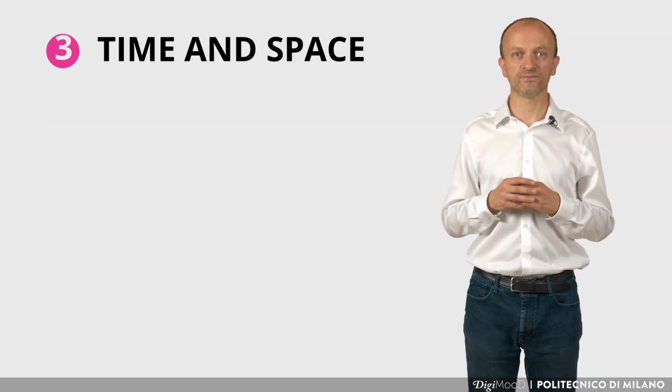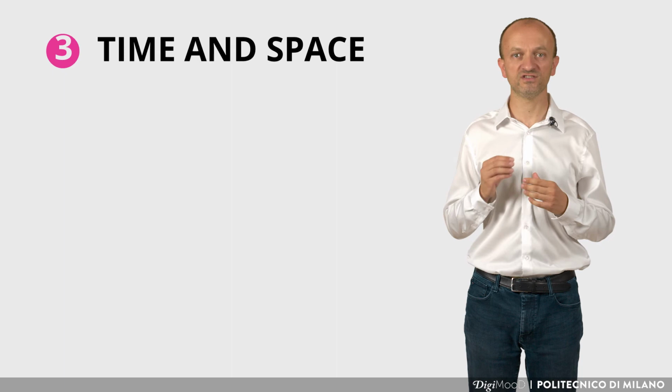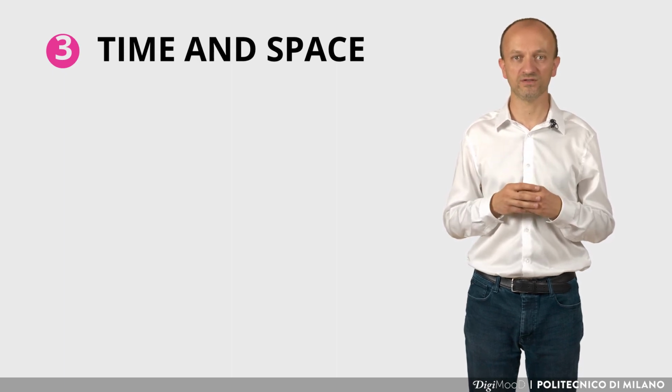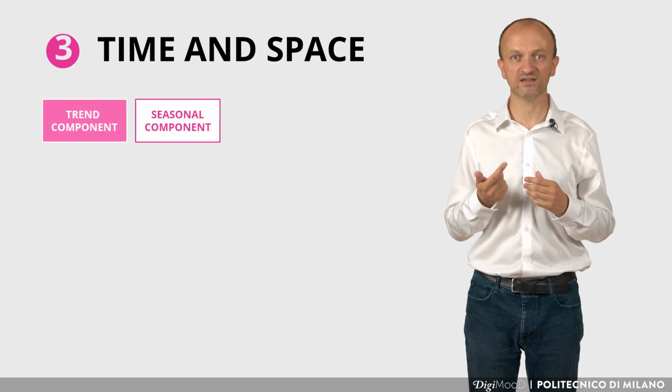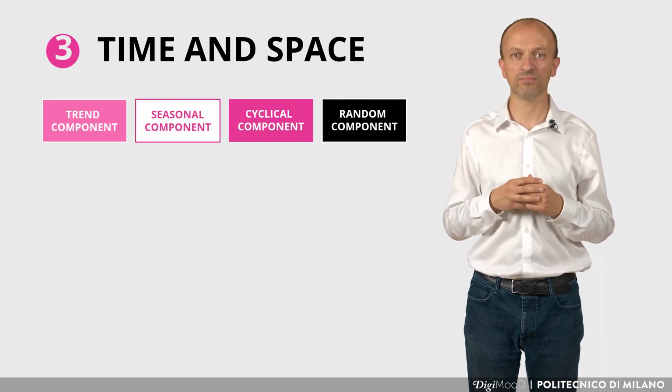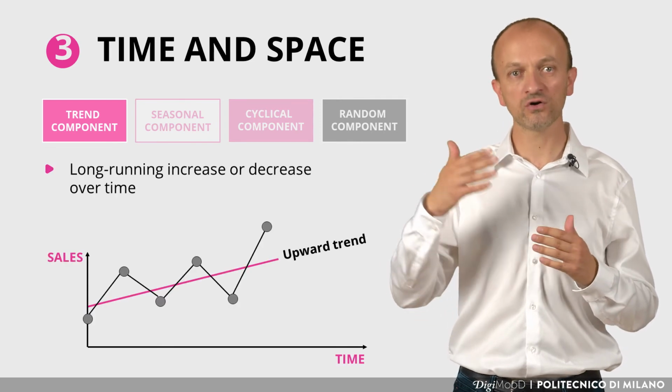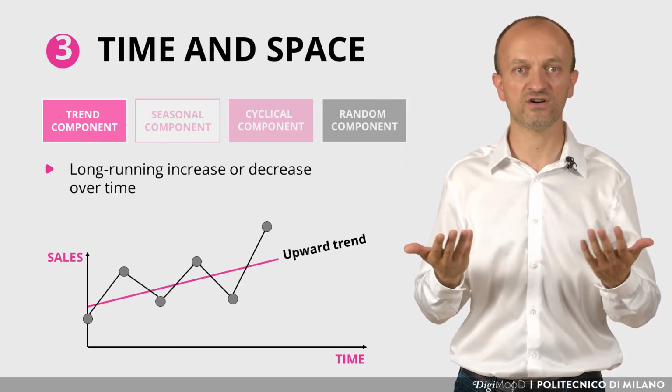In particular, time series analysis envisages breaking down the data into four fundamental components: trend, seasonality, cyclicity, and a random component. The trend component represents the long-term evolution of the signal in time.